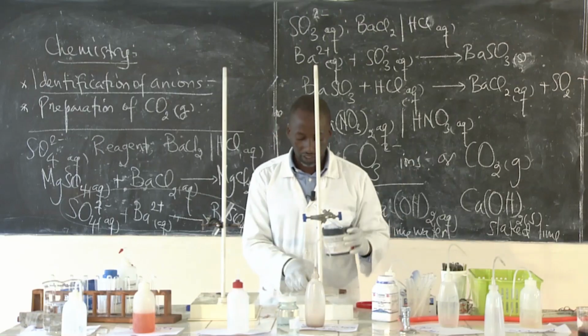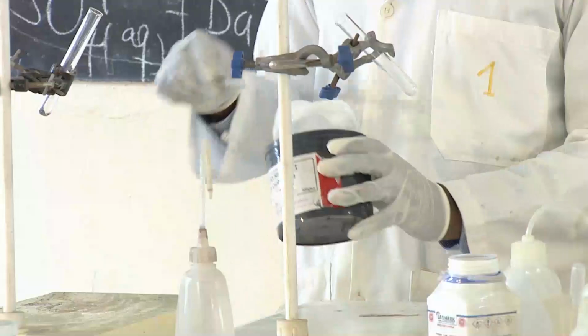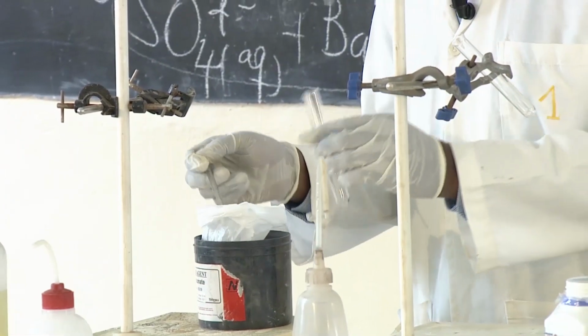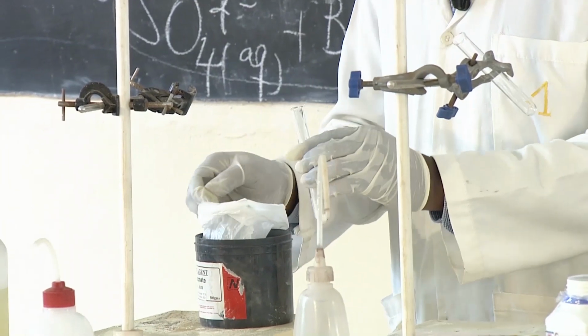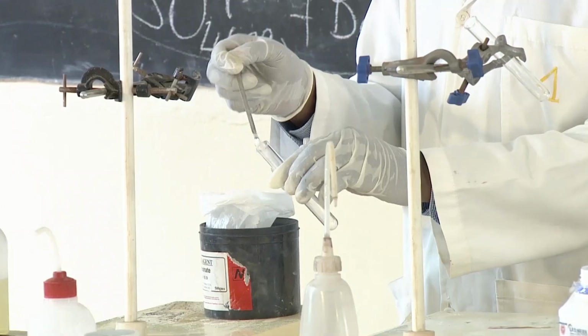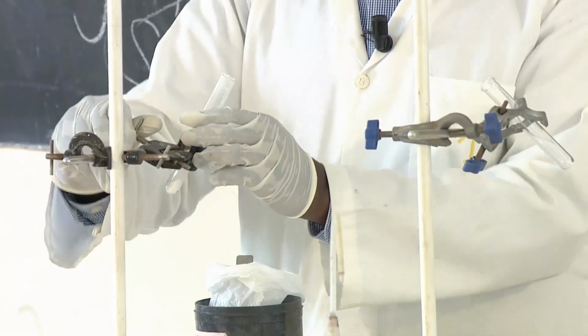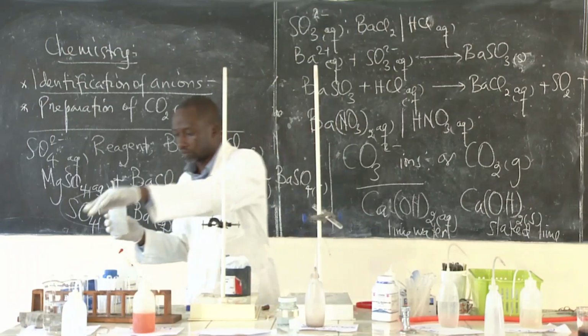We need the carbonate, as I've mentioned earlier. So this is the carbonate. We're just going to add this carbonate into this test tube. And then we'll need lime water, a solution of lime water.